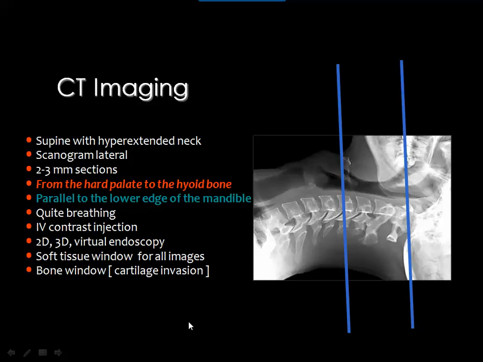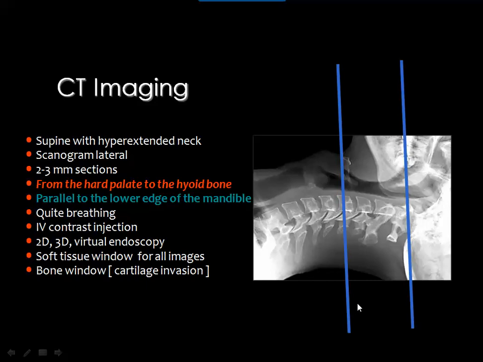In order to image this part, which is the suprahyoid neck or the mouth floor and the salivary glands, the patient lies in the supine position with a slightly hyperextended neck, and we have the scanogram in the lateral view.